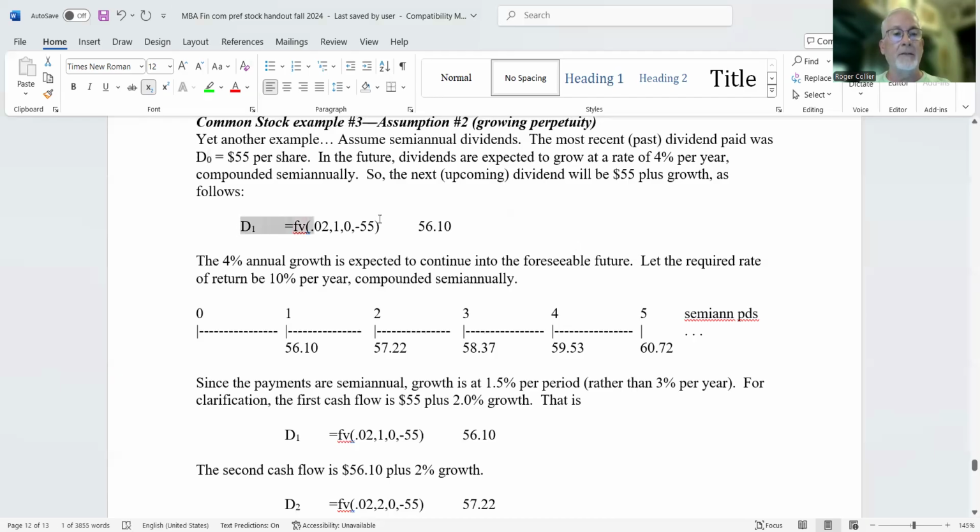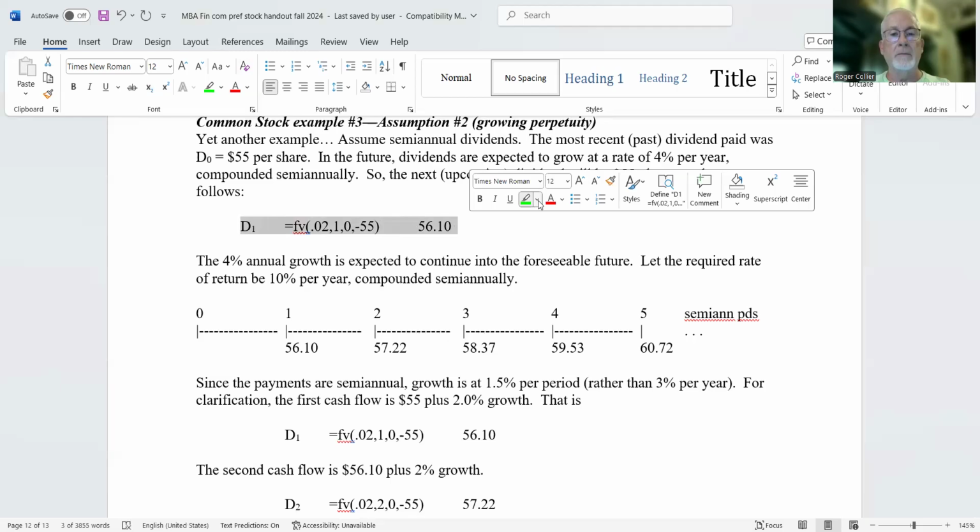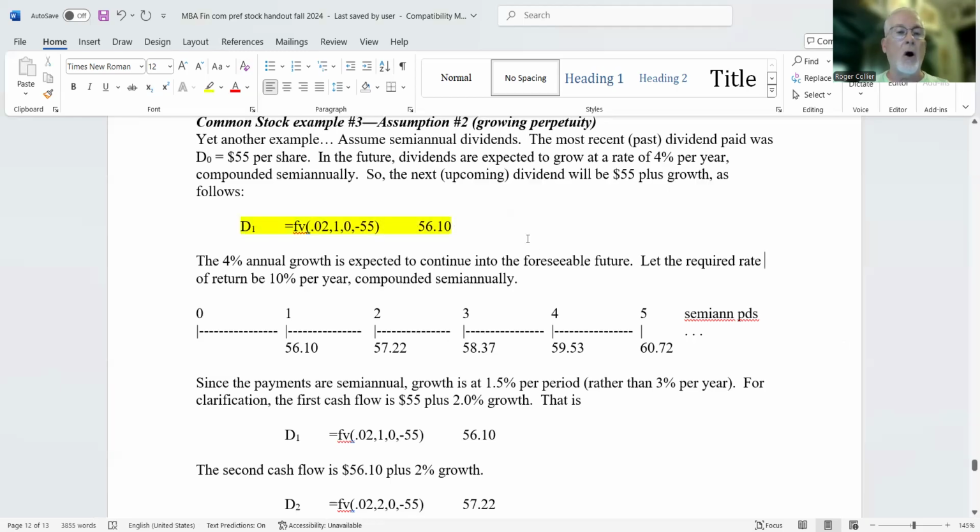Right, and there it is. All I did was take D0, that 55, and turn it into D1 by taking its future value. The rate, 2%. Where in the world did that come from?